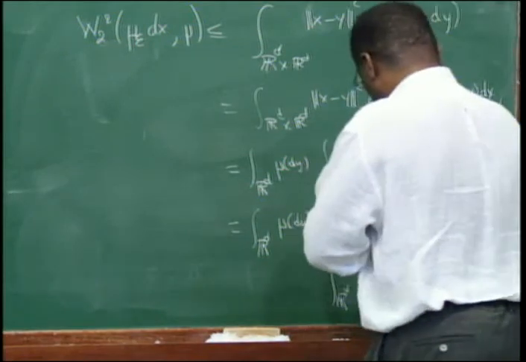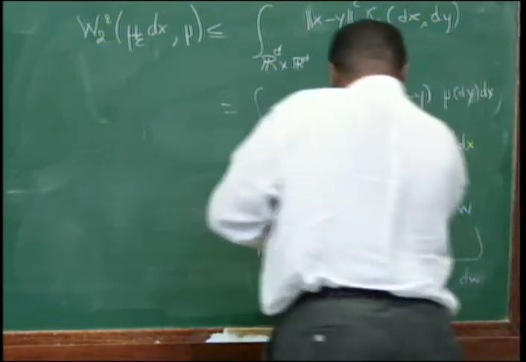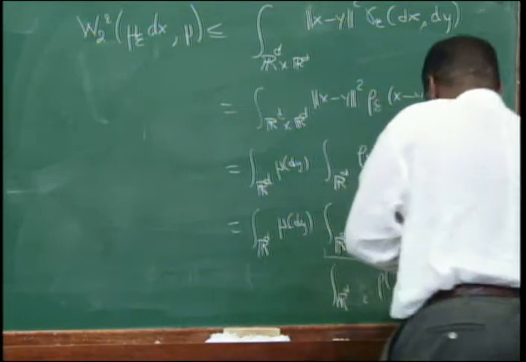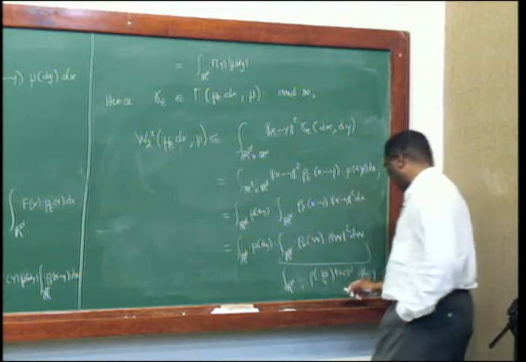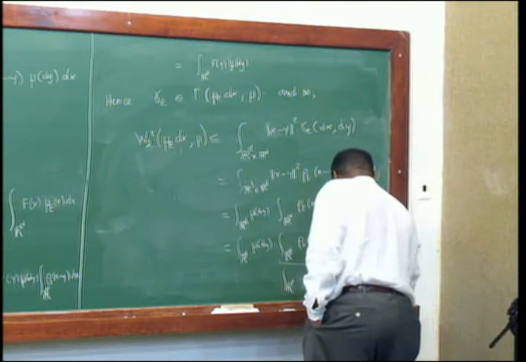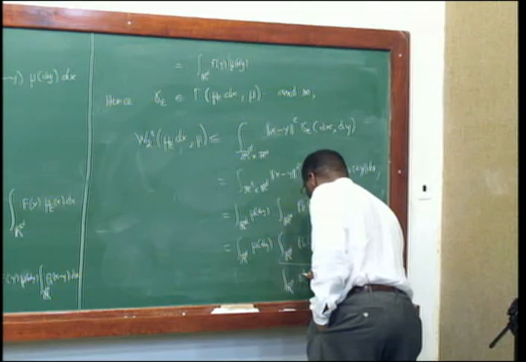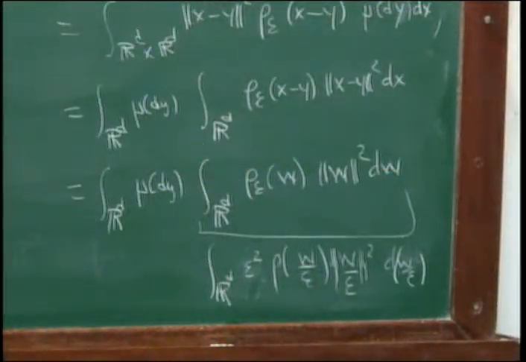I can take 1 over epsilon to the power d inside the dw, so I get dw over epsilon. To produce w over epsilon here, I divide this by epsilon and multiply it by epsilon square.